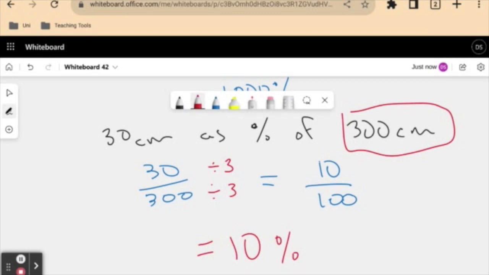And one of your rulers, your original one you started off with, would make up 1/10 of your entire distance. Or in other words, 1/10 can be written as 10 over 100, which is an equivalent fraction, which can also be written as 10%.